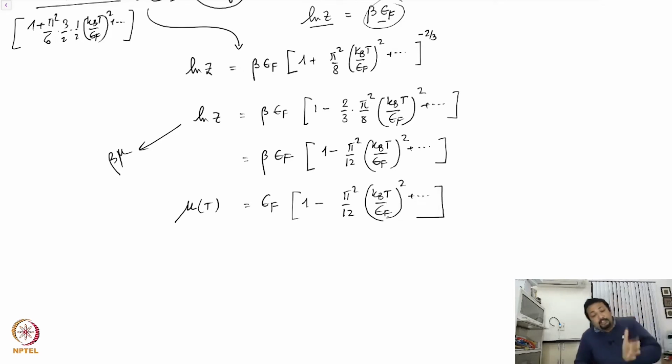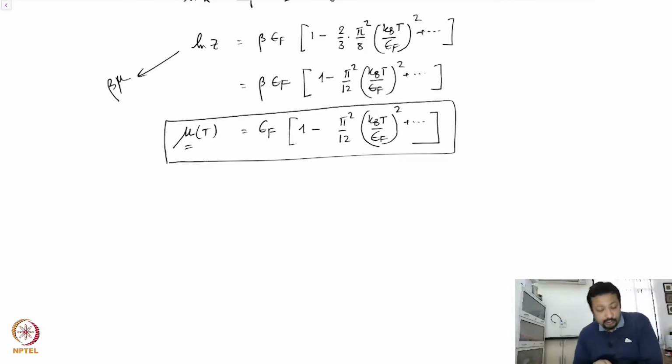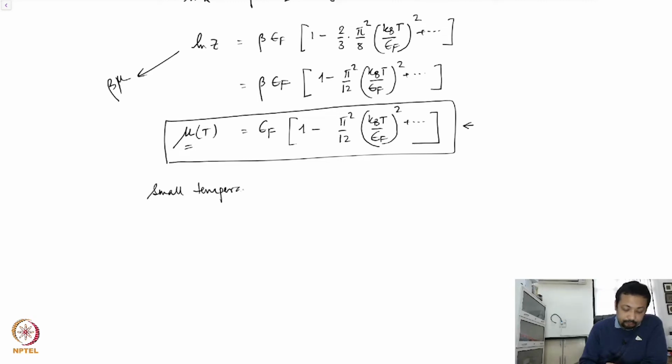So as you go away from 0 temperature, you see that the chemical potential decreases quadratically in temperature. So we looked at the chemical potential as a function of temperature, and you realize from looking at this equation that for small temperatures, which are less than epsilon_F over k_B, the chemical potential is positive, so mu is greater than 0.